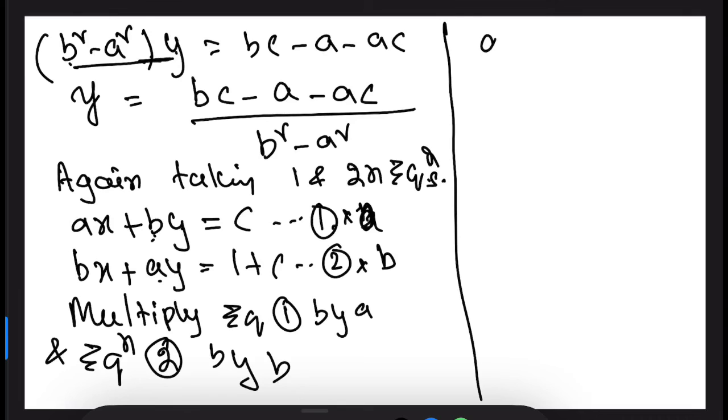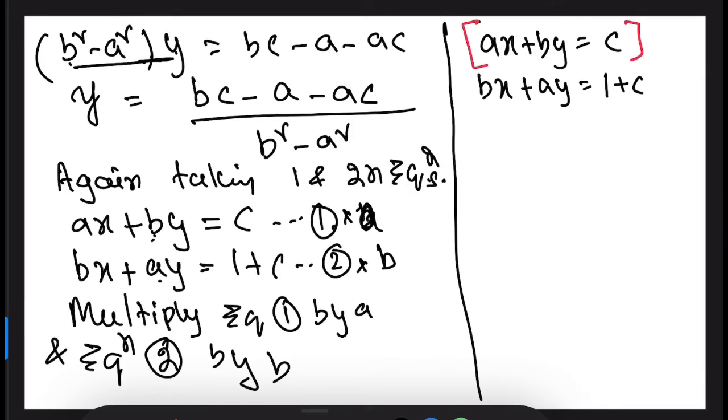So ax plus by equals c and bx plus ay equals 1 plus c. We can multiply this one. This is b, यहाँ b है, इसको b से मल्टीप्लाई, यहाँ a है, इसको a से मल्टीप्लाई करें.